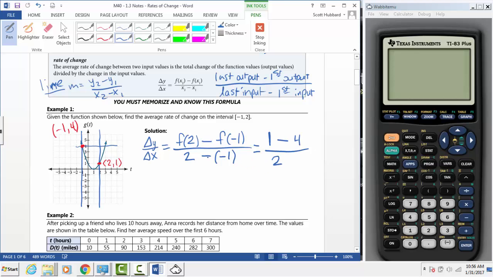And then the bottom is 2, and then the negative makes it plus 1. And so we just do the math. 1 minus 4 is negative 3, divided by 2 plus 1, which is 3. And so we get negative 1. And so this is the average rate of change.